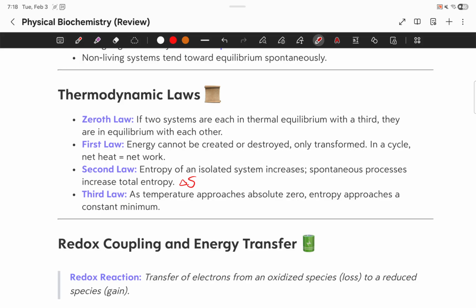When we reach absolute zero, the particles or molecules cannot move. They have no thermal motion, meaning the entropy will stop decreasing and settle at a fixed, lower value.